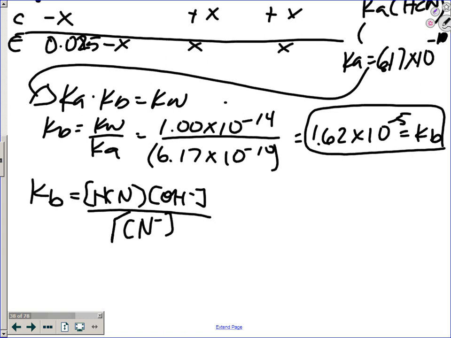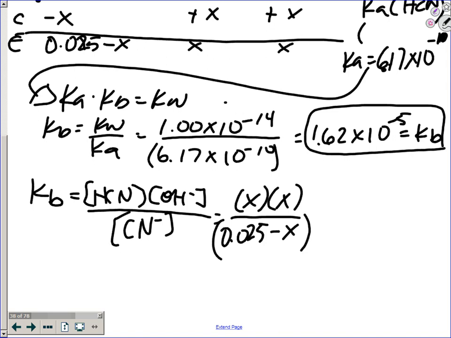And then we say x, because those are our two products, over 0.25 minus x, but then immediately you're showing me what? Attempt to neglect x. And that's really all you need to do. Don't get too fancy with it. And we end up setting this equal to the Kb we just determined, and then solve for x. Go ahead and solve for x if you haven't already.